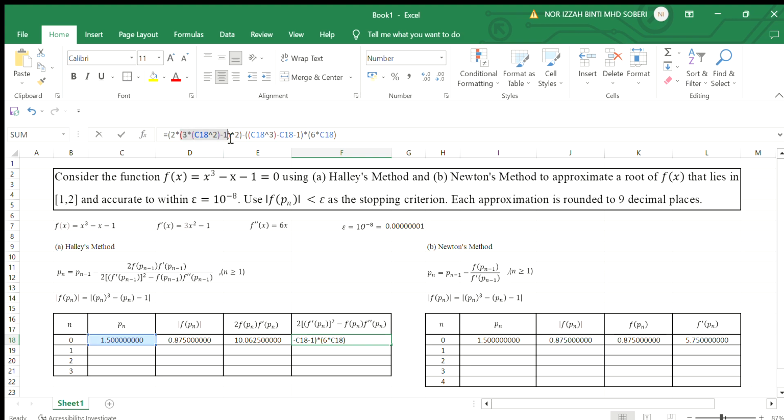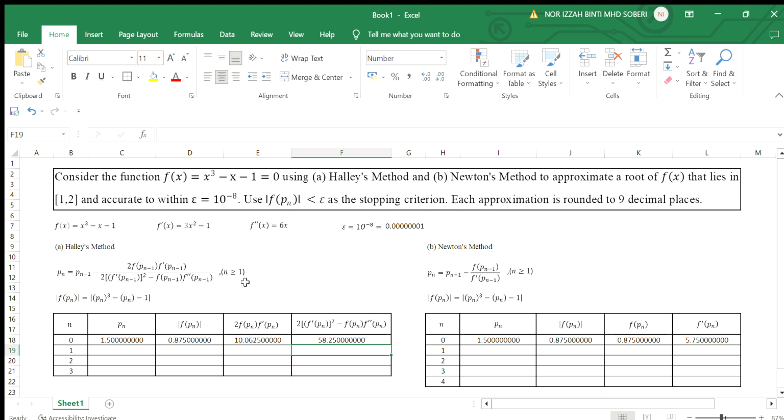Then f(Pn) squared minus f(Pn) f double prime(Pn): this f(Pn) I get from f(x), and f double prime(Pn) I get from f double prime x. So we enter.